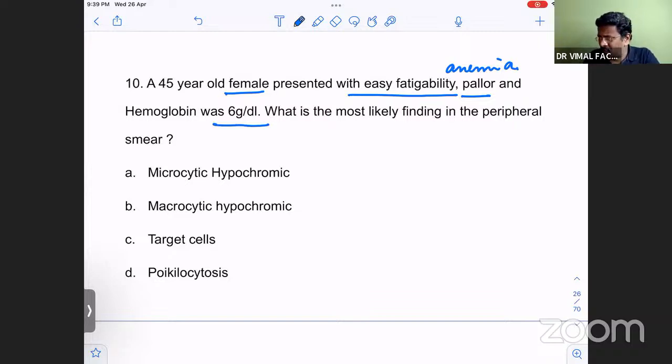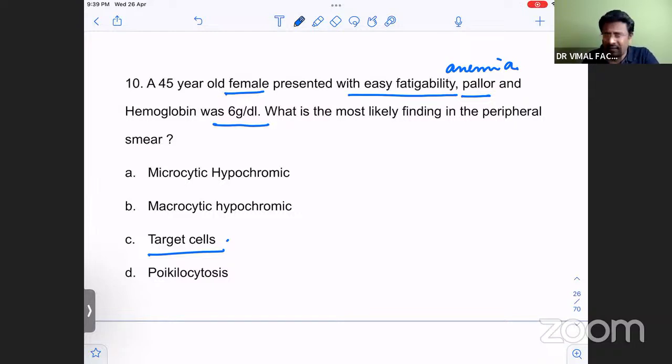So moving on to the options. One of the options is target cells. Target cells is a non-specific finding. It can be seen in thalassemia, in iron deficiency anemia, and in hemoglobinopathies. So with this anemia, we cannot say that target cells are specifically seen.